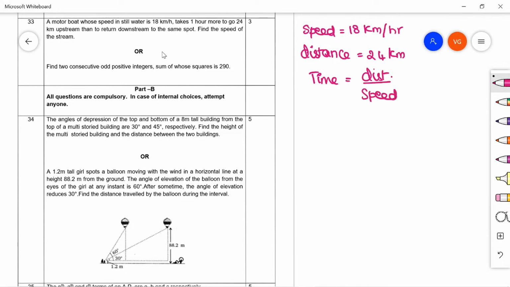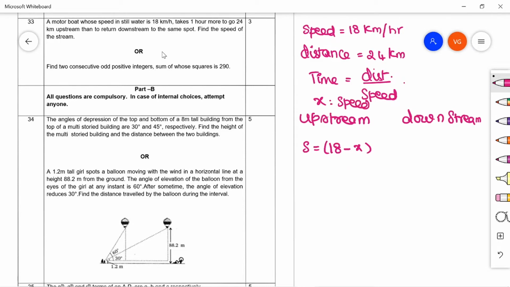Now write down what is given for upstream and for downstream. For upstream, the speed will be 18 minus x, where we take x as the speed of the stream.